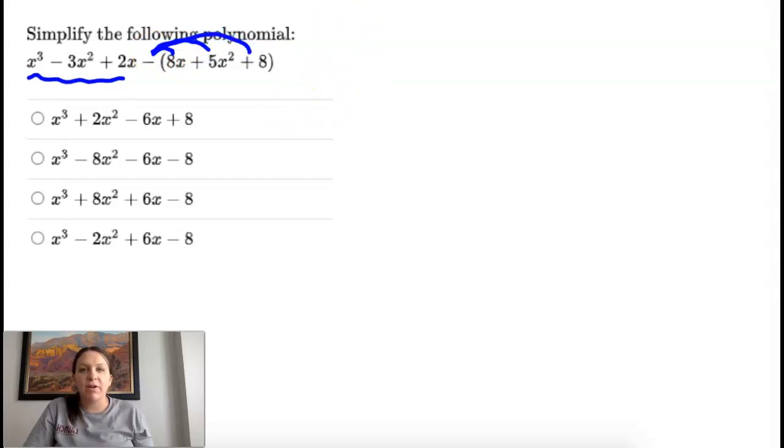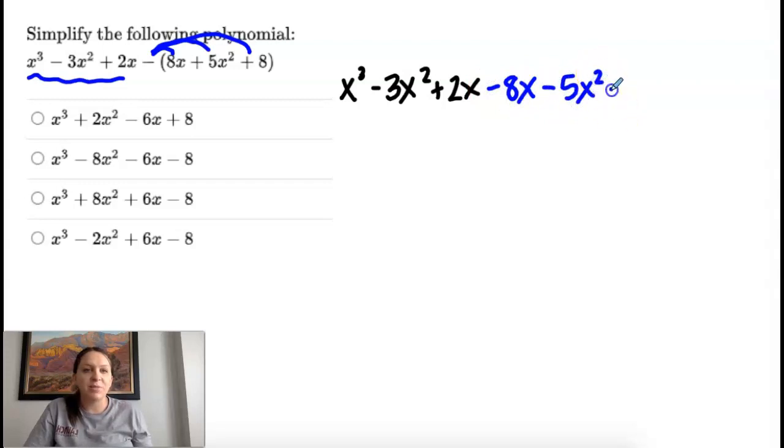So I'm going to rewrite this with that minus sign distributed. So I'm taking x cubed minus 3x squared plus 2x, but I'm going to subtract 8x and subtract 5x squared and subtract 8. And now it looks like our previous problem.